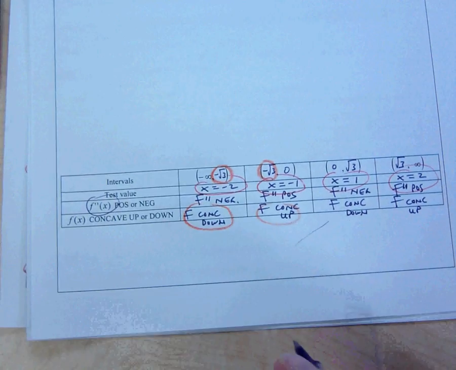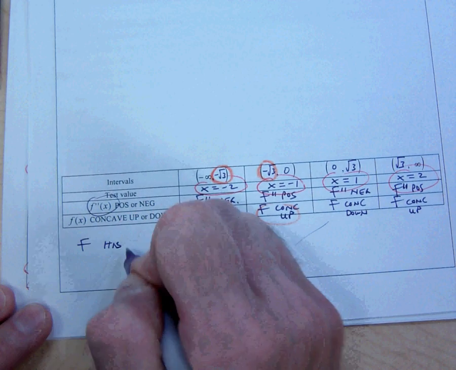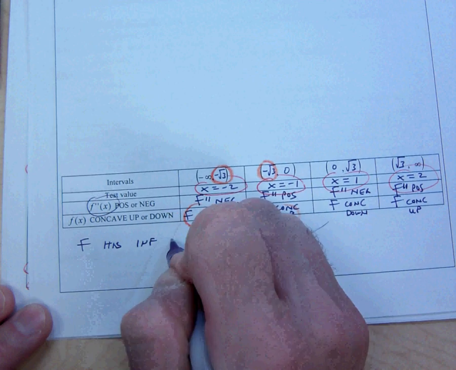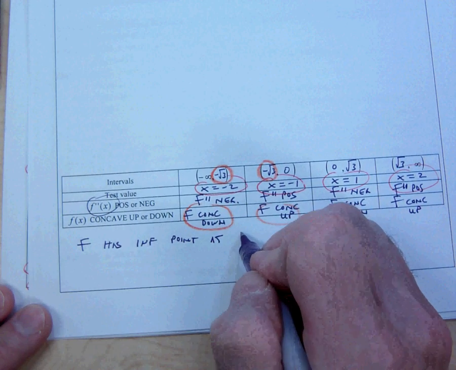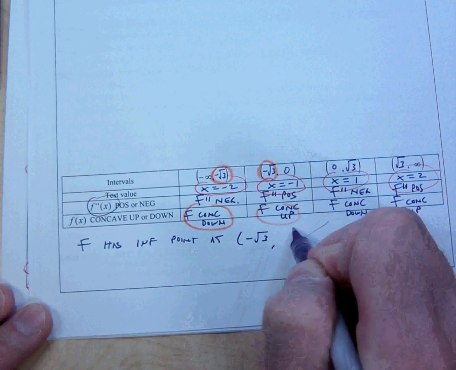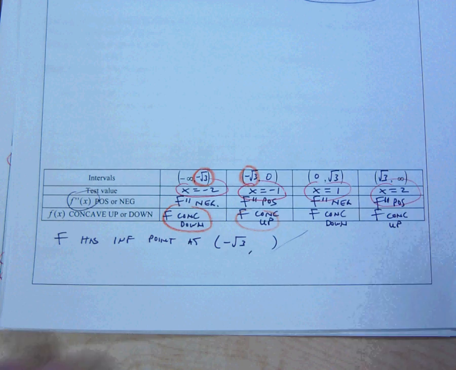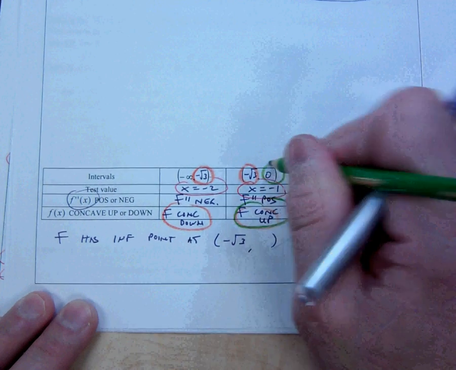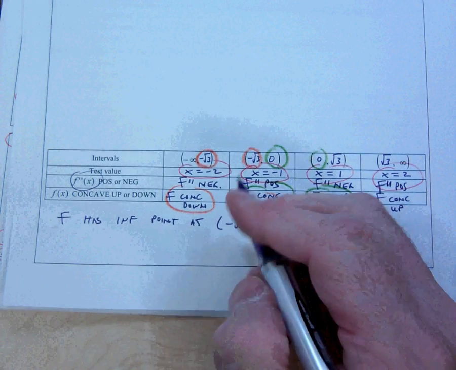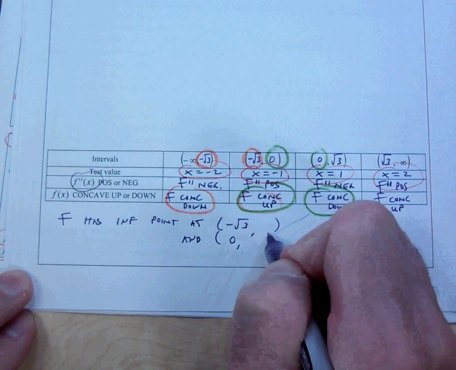So it looks like F might have an inflection point at -square root of 3 something. And then what about here? I have another change in concavity from up to down at 0. So it looks like F has another inflection point at 0 something.